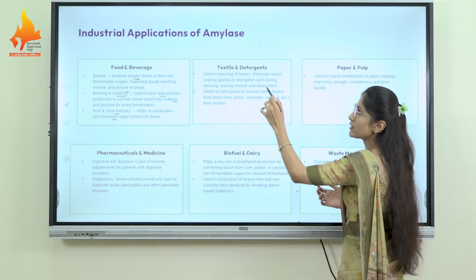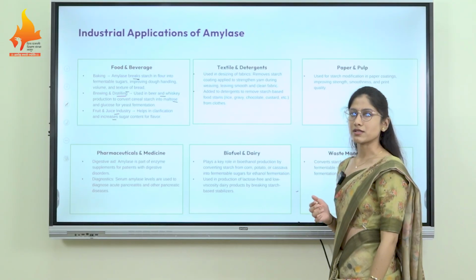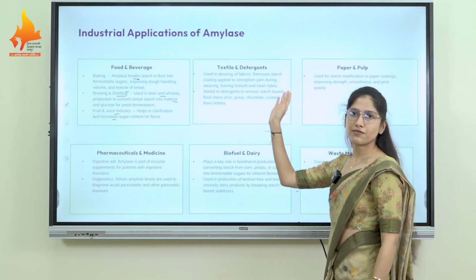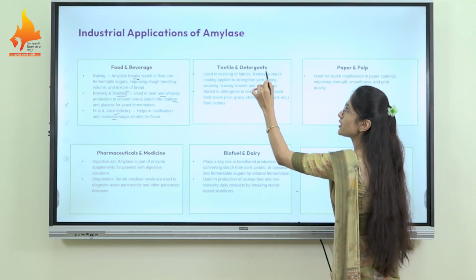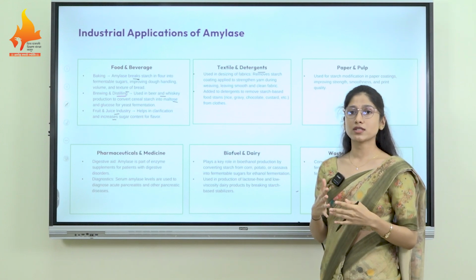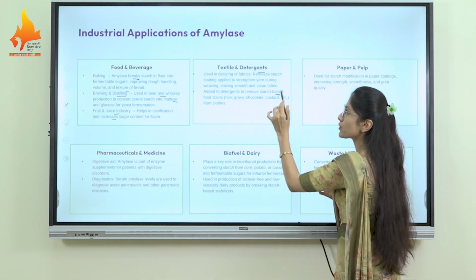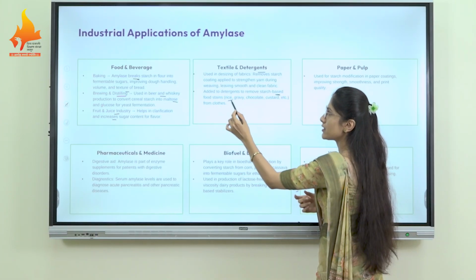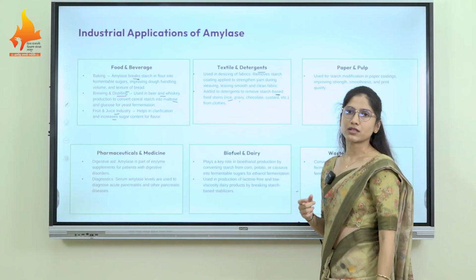Next, application in the textile and detergent industry. In textile, it is used in desizing of fabrics, and in the detergent industry, amylase enzyme is responsible for removing starch-based stains from clothes. Food stains basically include rice, gravy, chocolate and custard.